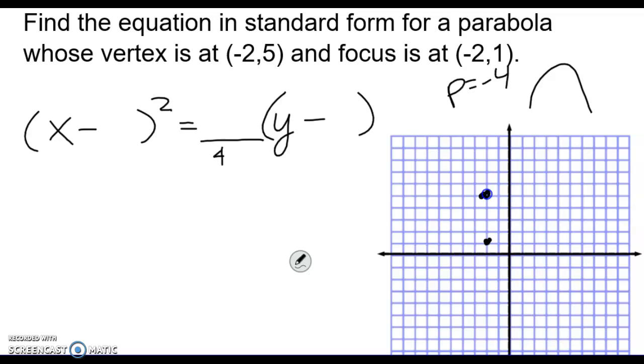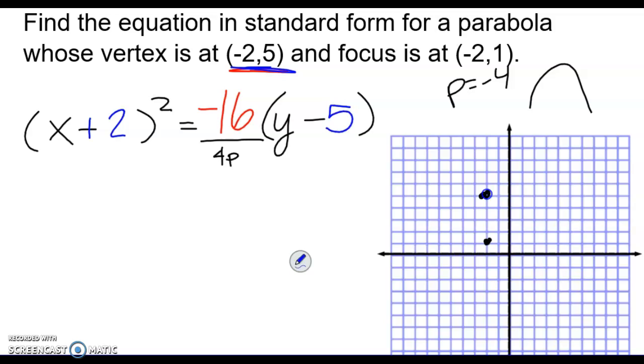So if this right here is 4p, I think it's going to be negative 16. Because I just counted the 4 down, right? Then I know that my vertex is at negative 2, 5, so negative 2, 5.